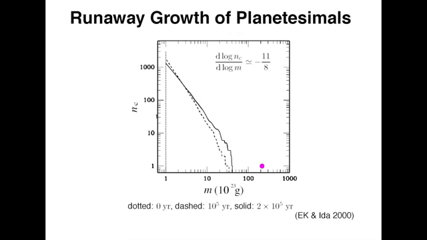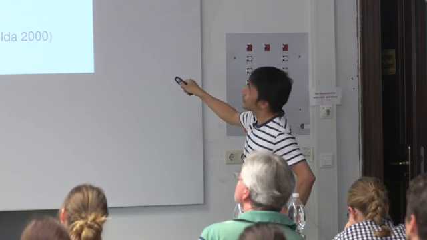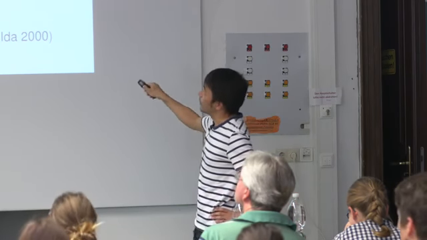And this figure shows the mass distribution for the same simulation as this one. This is mass, and this is the cumulative number of planetesimals. Initially, all the planetesimals have this mass. After we started the simulation, it relaxes to some power-law distribution, where the power exponent is given by this.